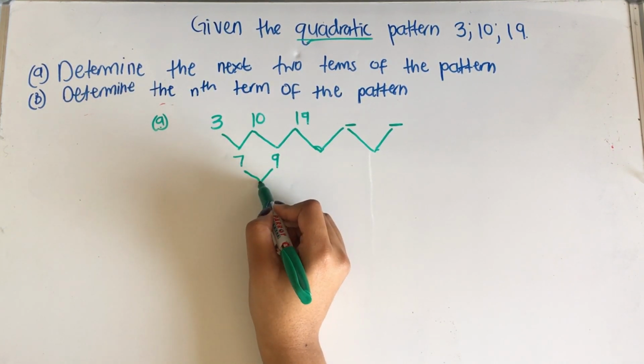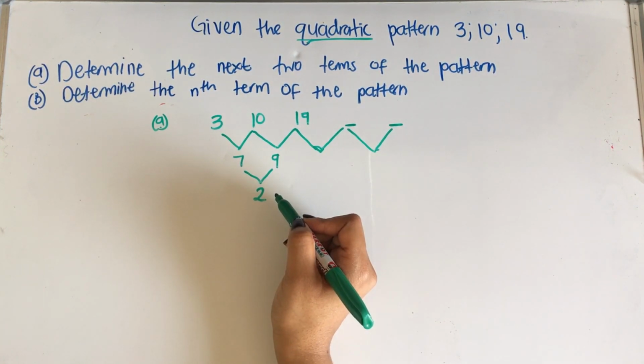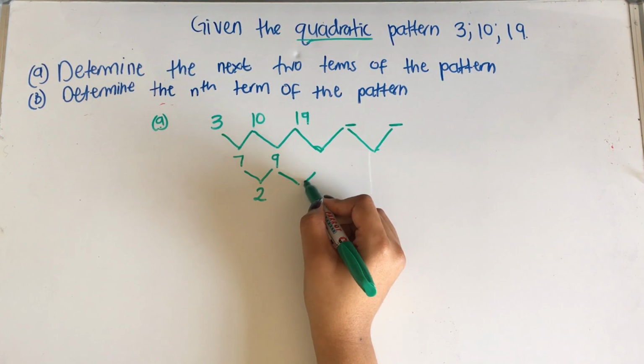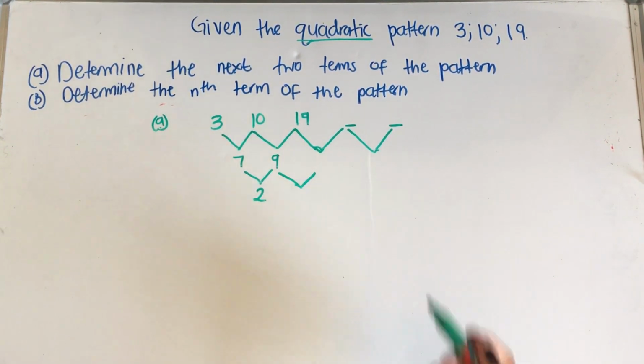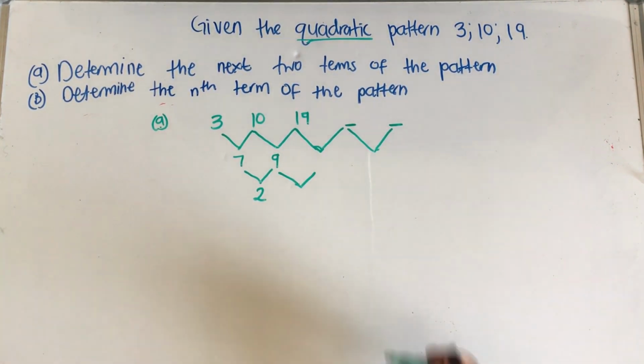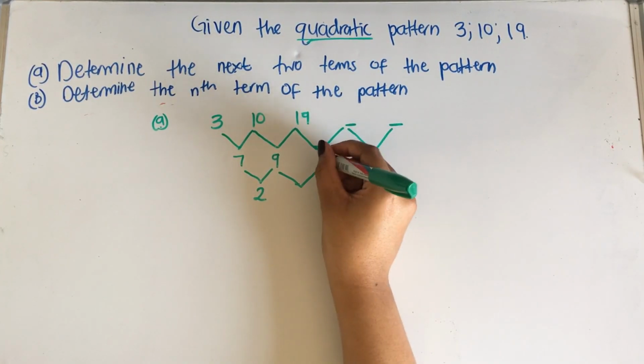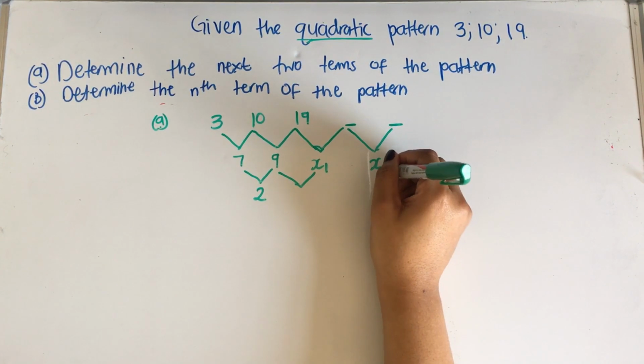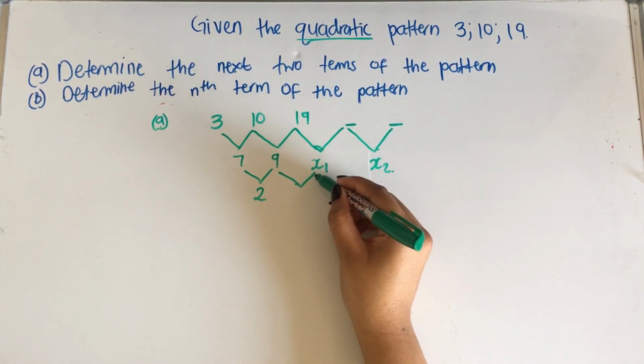Okay, 9 minus 7, we get 2. So for the sake of peace, we're just gonna call this x1, and then we're just gonna call this x2.